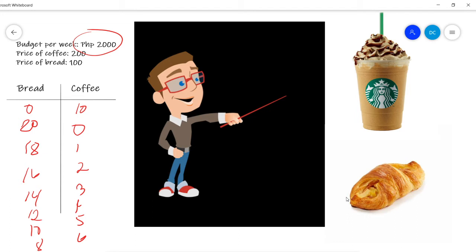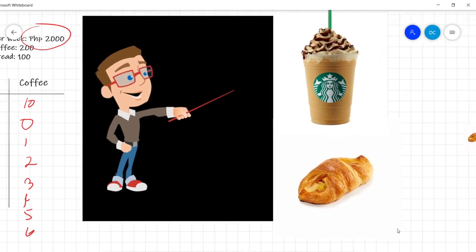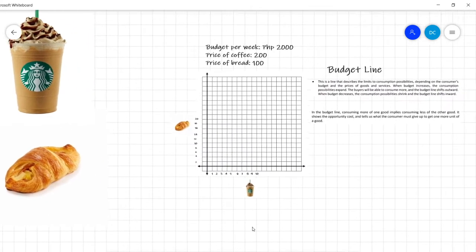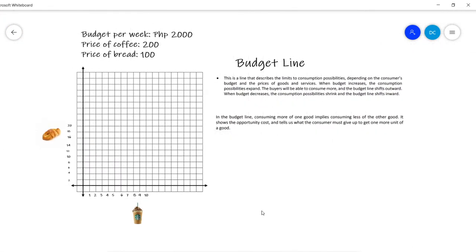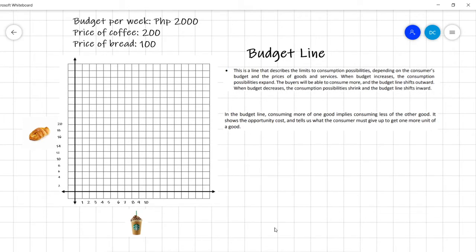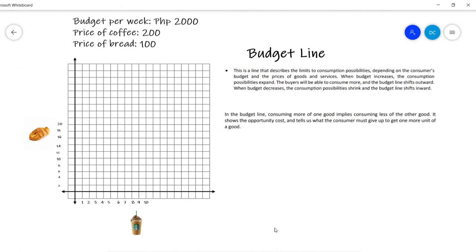And since economists love graphs, di ba? For us to better understand the concept of budget line and budget constraints, we are going to plot these coordinates or combinations or consumption bundles into a graph. So I have prepared here on the other side a graph wherein we can plot our consumption bundles for coffee and bread given that my budget per week is only 2,000 pesos.